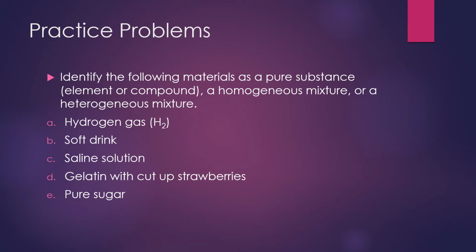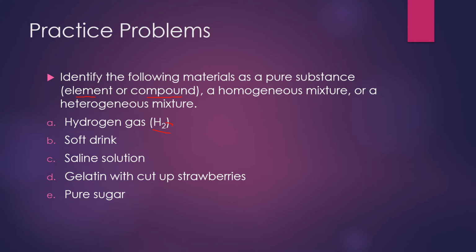Would it be a pure substance or a mixture? So it's definitely going to be a pure substance because it's not two or more compounds or elements combined. It's just one. So the pure substances can then be broken down further into either element or compound. So in this case, we need to figure out whether H2 is an element or compound. And it's actually an element.